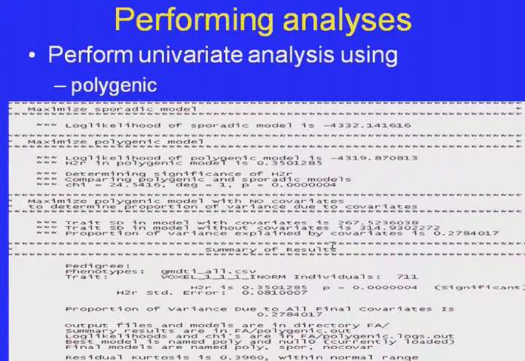To perform univariate analysis of variance, you type polygenic, and it comes up with a pretty long list of symbols and numbers. This works really great when you're analyzing a single trait, but it can be a bit overwhelming when you analyze 500,000 traits.